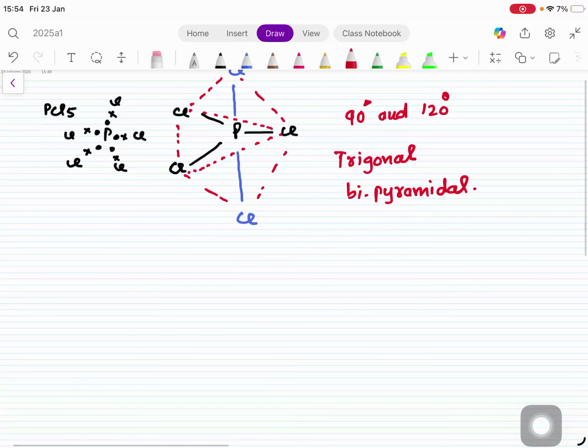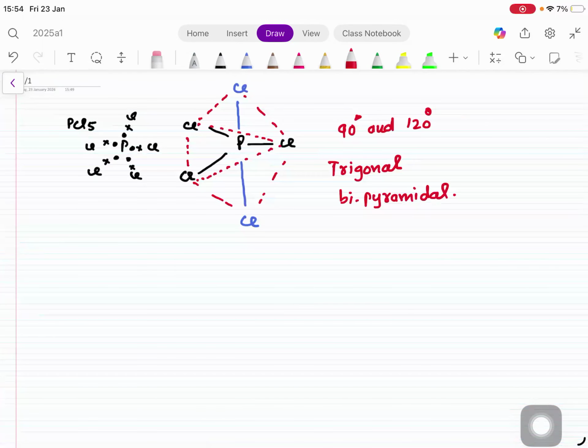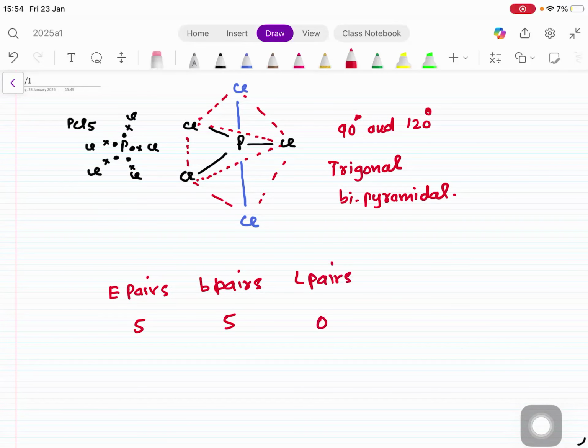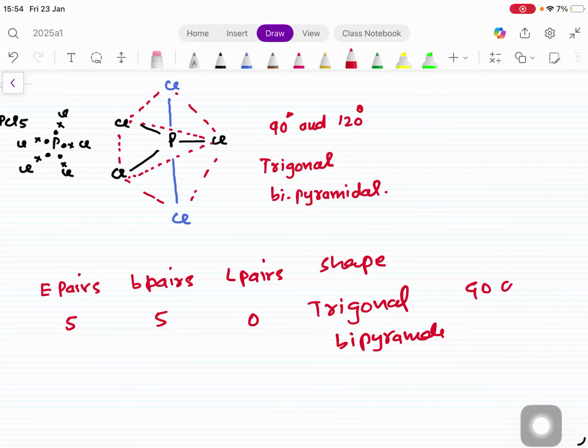90 and 120. Please go and fill in the electron pairs: 5 bond pairs, 0 lone pairs, and the shape is known as trigonal bipyramidal with 2 angles, 90 and 120.